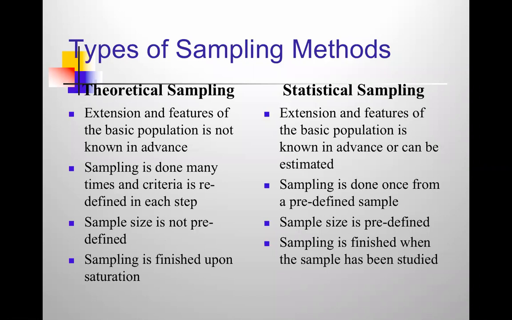And that's the one that really stands out to me. Other than that, the sampling is done many times, and criterion is redefined in each step. So things change in qualitative research, whereas in statistical sampling, it's pretty static once it gets going.